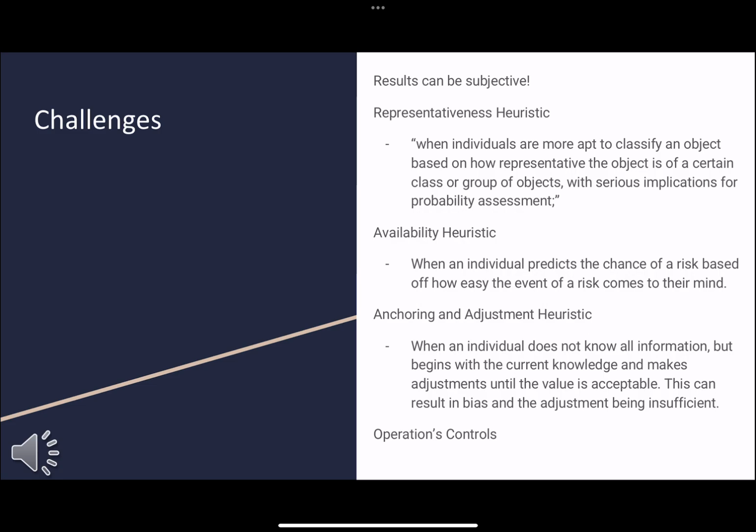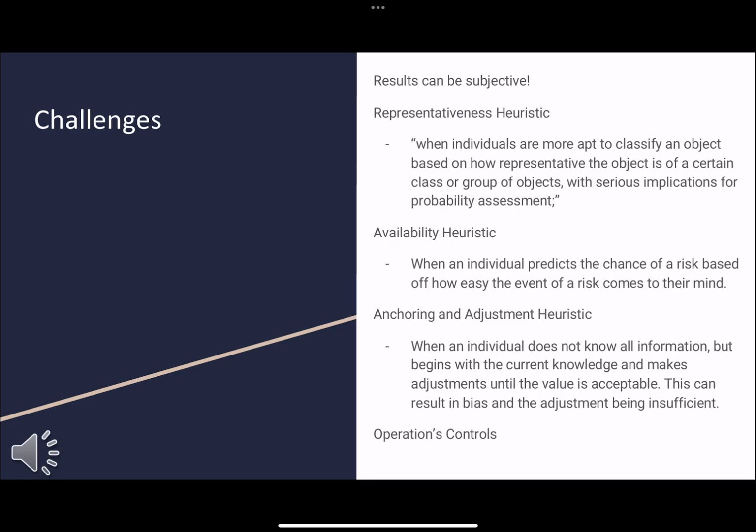Next is availability heuristic. When an individual predicts the chance of a risk based off how easy the event of a risk comes to their mind. Lastly, is anchoring and adjustment heuristic. That is, when an individual does not know all the information, but begins with the current knowledge and makes adjustments until the value is acceptable. This can result in bias and the adjustment being insufficient.